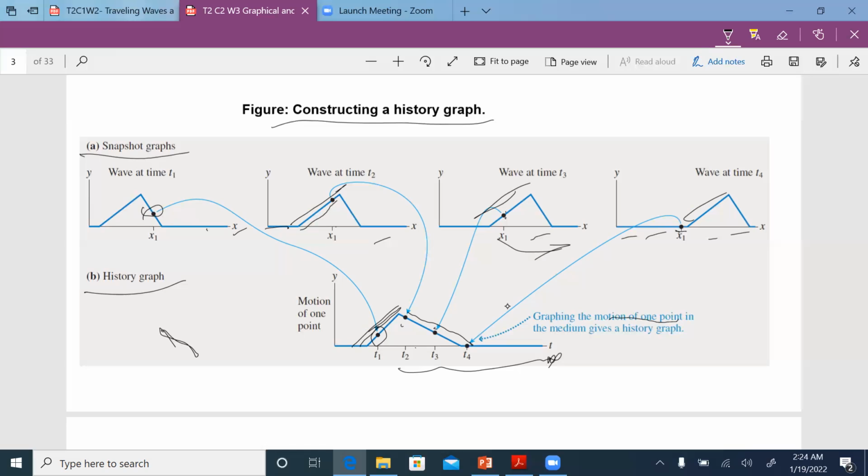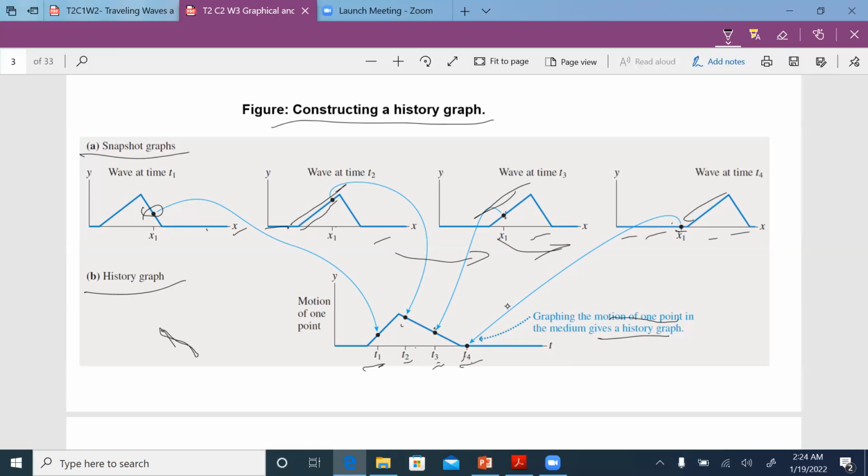So the graphing of the motion of the one point on that part of the medium gave us the history of that graph at different times t. You notice the earliest point t1, and then progressively as the wave passes through that dot, we see time t2, time t3, and time t4.